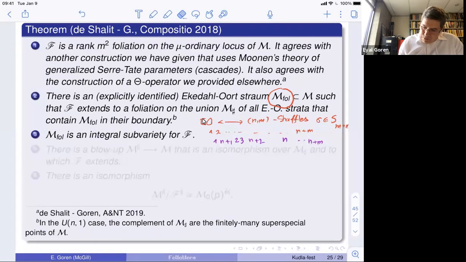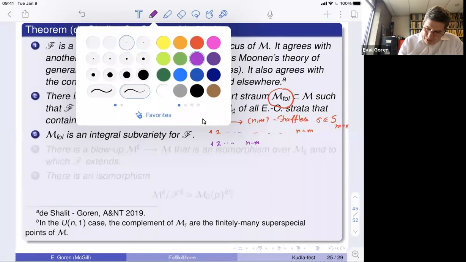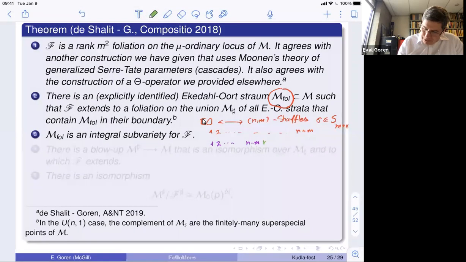And in this language, this M4 is associated to a very particular shuffle, where you have 1, 2 up to n minus m. Then it changes to n plus 1 up to n plus m.